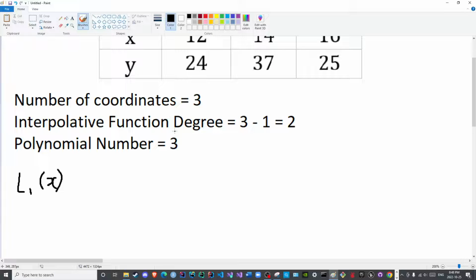I told you that it is important to calculate the degree because then you can identify the format that the polynomial will assume. If it is the second degree, this will be quadratic. If it is the third degree, this will be sigmoidal. If it is the first degree, it will be linear, and so on and so forth.